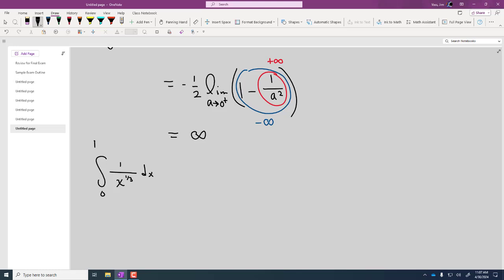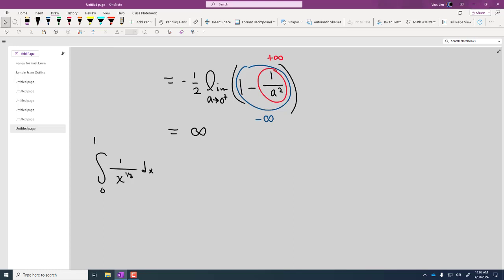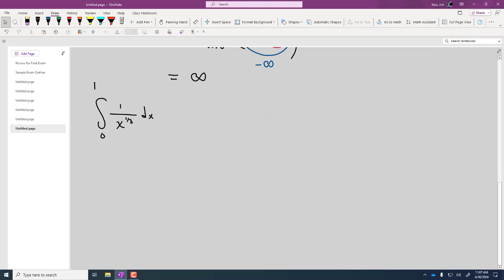So here, we're expecting convergence because the power is now less than 1 and we're dealing with a vertical tail. And again, this is not a definite integral, even though it looks like a definite integral. So we want to make sure we do the limit as whatever letter we pick goes to 0 from the right. Integral, bless you. So we get this thing.